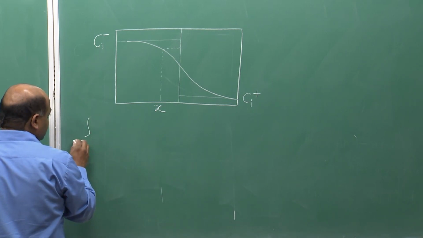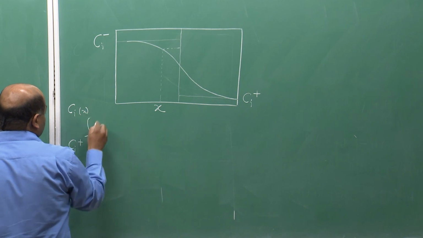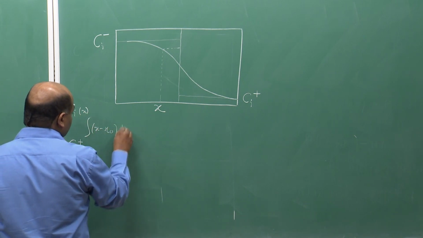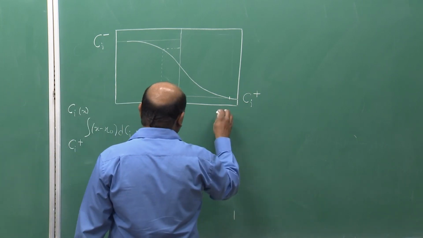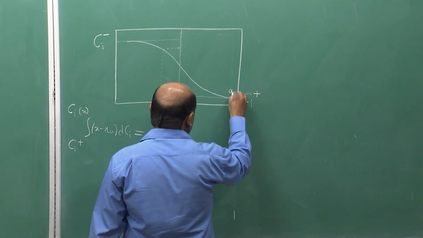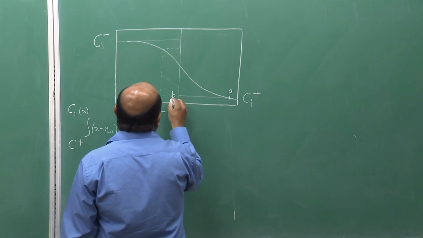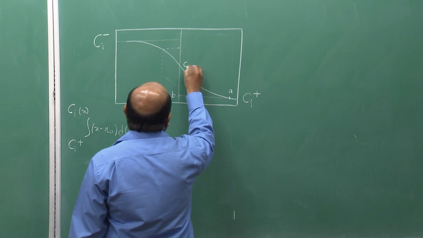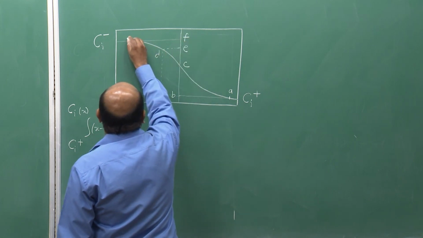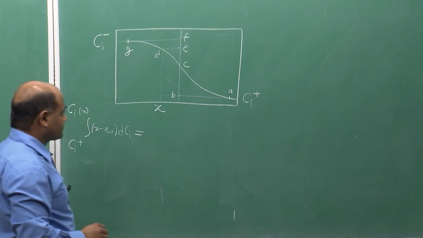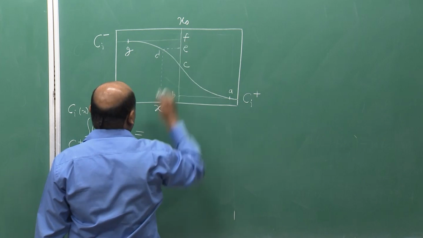If we write integral Ci plus to Ci at x, x minus x naught dCi, in terms of areas, so let me assign some labels A, B, C, D, E, G. So, we can split this integral at the Matano plane, the initial contact plane here.